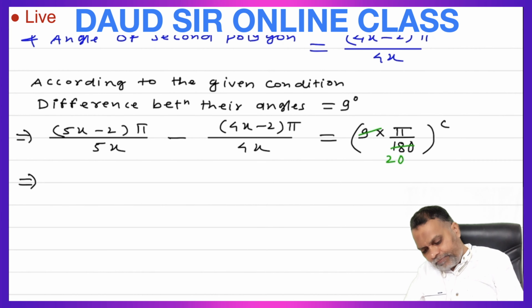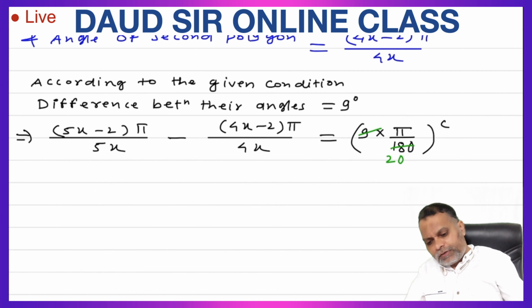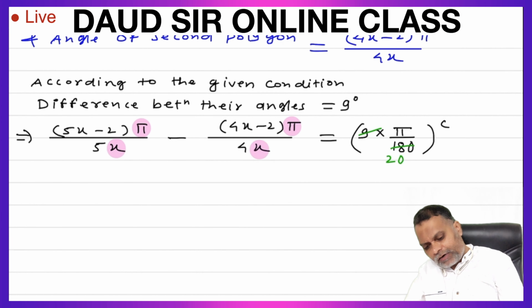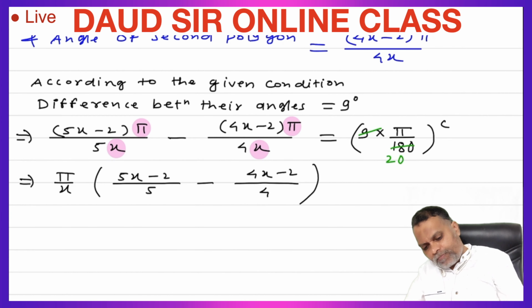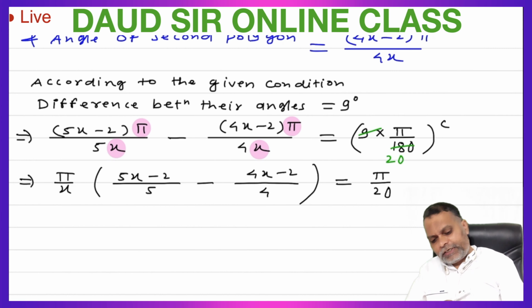And here take LCM or simplify this. This pi and this x are common. Pi upon x we can take out common. So pi upon x common. Here (5x minus 2) upon 5 minus (4x minus 2) upon 4 is equal to pi by 20 radian.